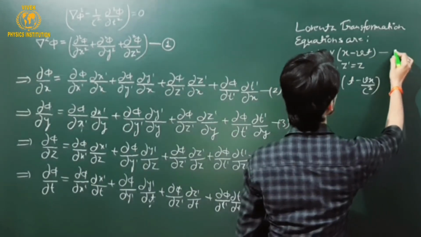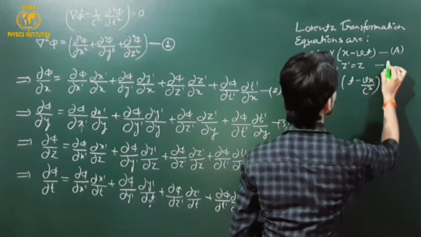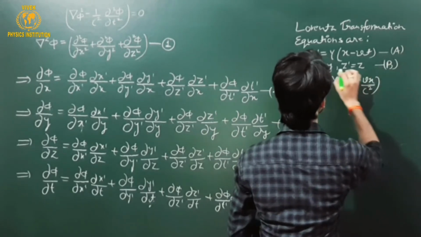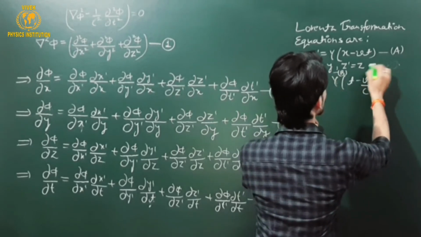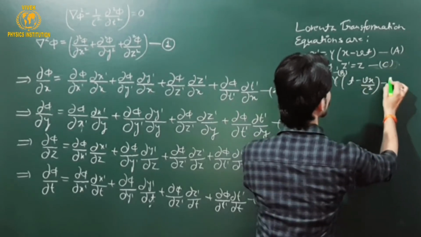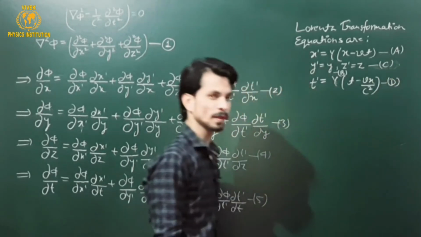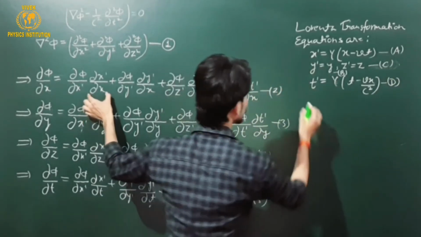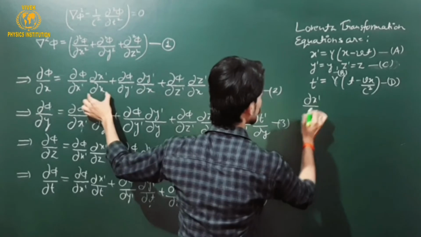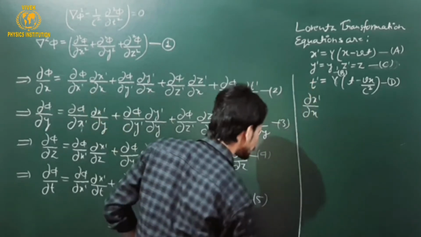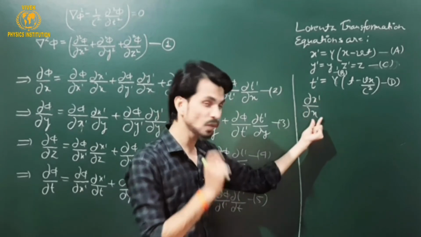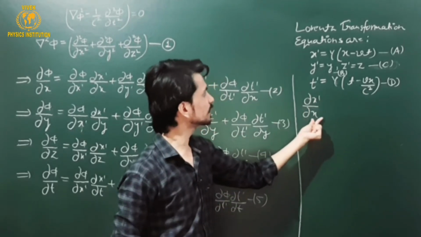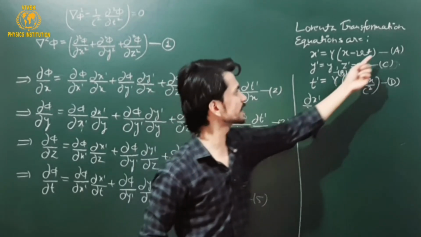Let's say this equation is A, this equation is B, this equation is C, and this equation is D. So the value of del x dash over del x, meaning the differentiation of the x dash coordinate with respect to x, will be found from equation A.